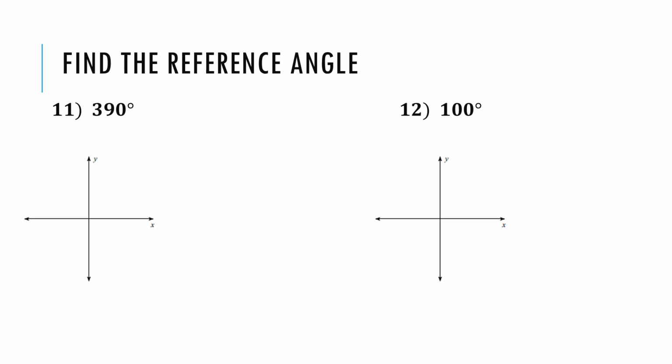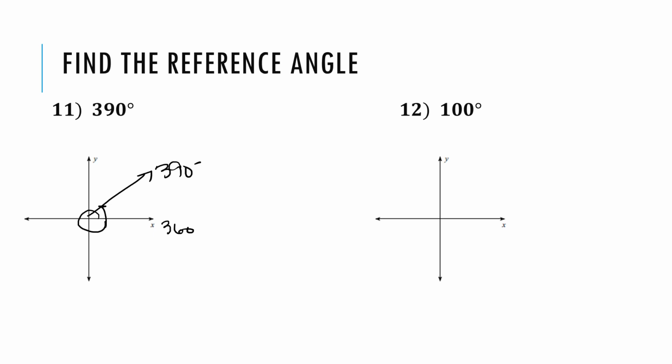So here we go. Find your reference angle for each of the following. Our first example is 390 degrees. So I want to sketch it so that I know where I land. So one trip around is 360. So there's 360. I need another 30 degrees to get to 390.